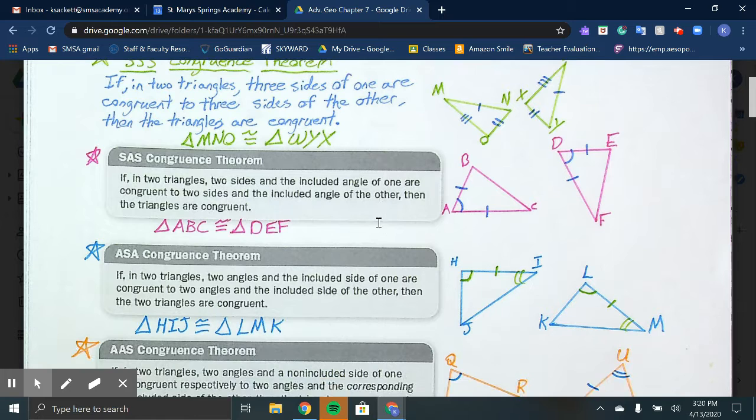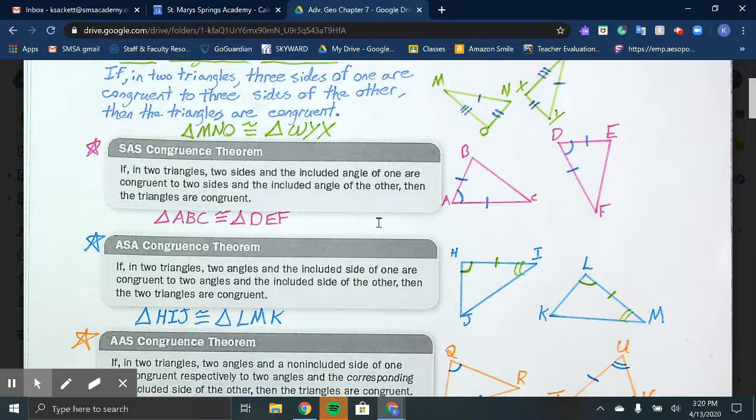The next theorem is side-angle-side congruence theorem, which states if in 2 triangles, 2 sides and the included angle of one are congruent to 2 sides and the included angle of the other, then the triangles are congruent.